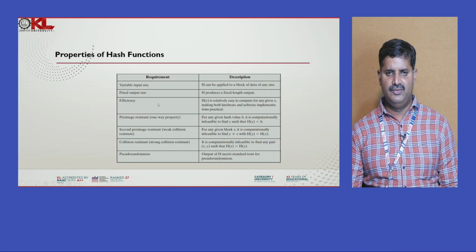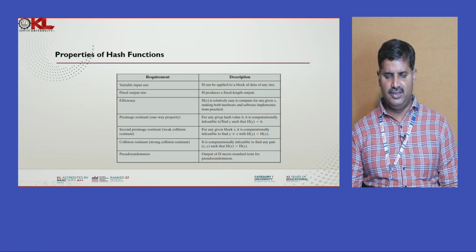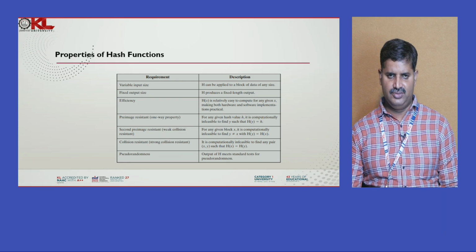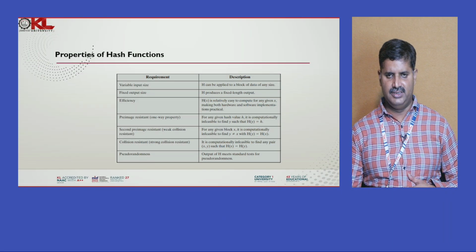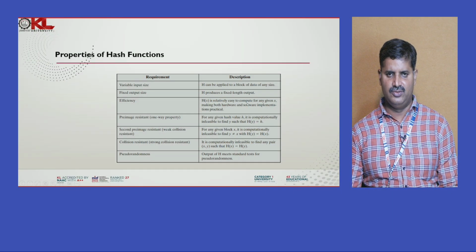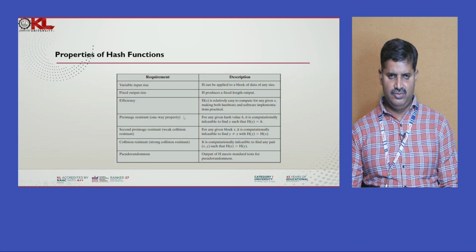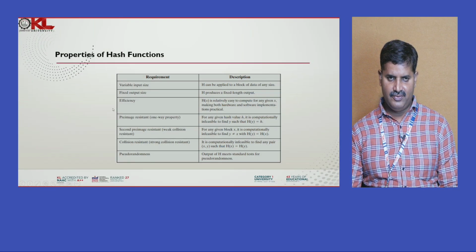Coming to efficiency, H(x) is relatively easy to compute for any given x, so that you can meet the hardware as well as the software requirements based on the given input message, because the message length is variable. So we have to define any kind of message as an input to the hash function to produce the relevant fixed output, so that this function performs efficiently.